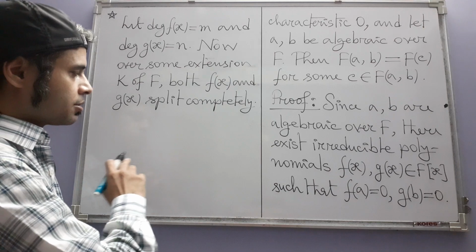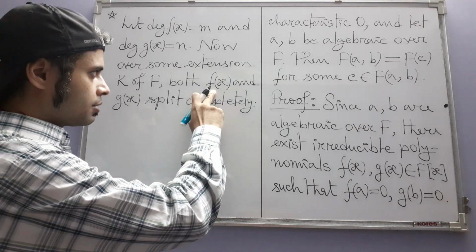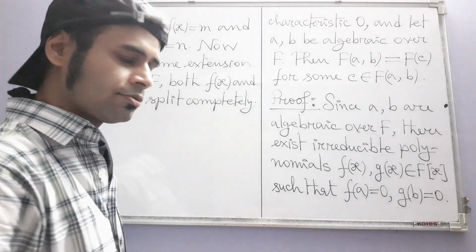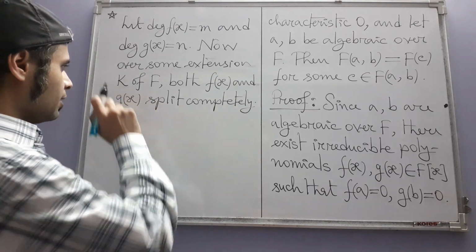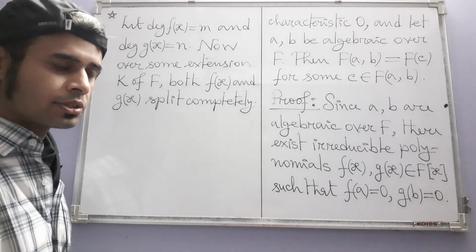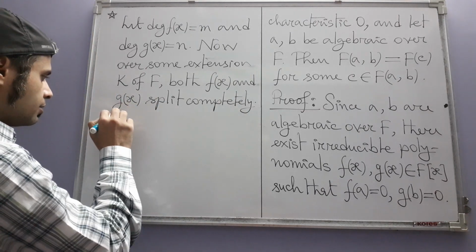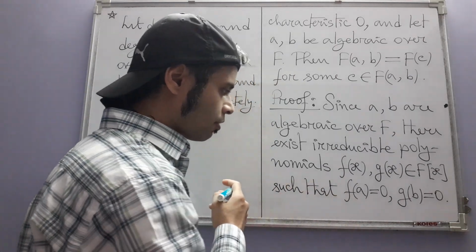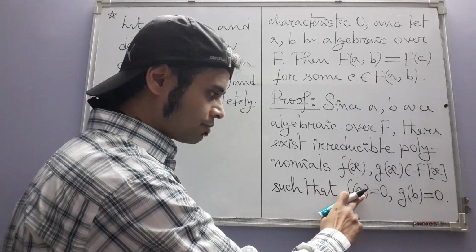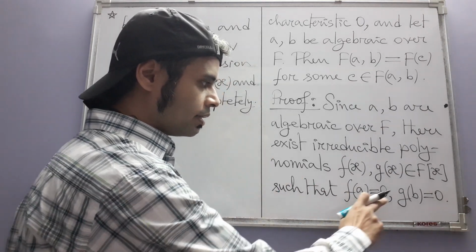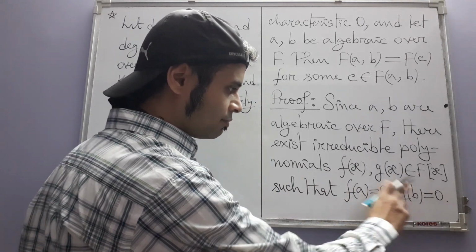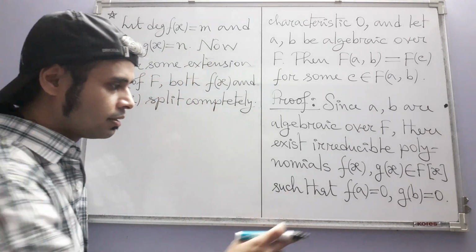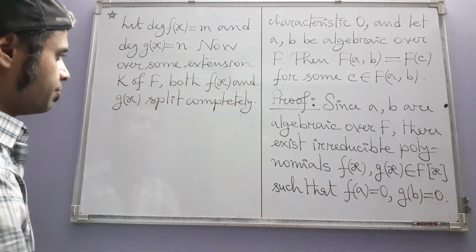So that means whatever roots f and g are going to have, they all will lie in K. So let us consider them. Among all the roots of f, one of them is a. Similarly, all the roots of g have b among them.